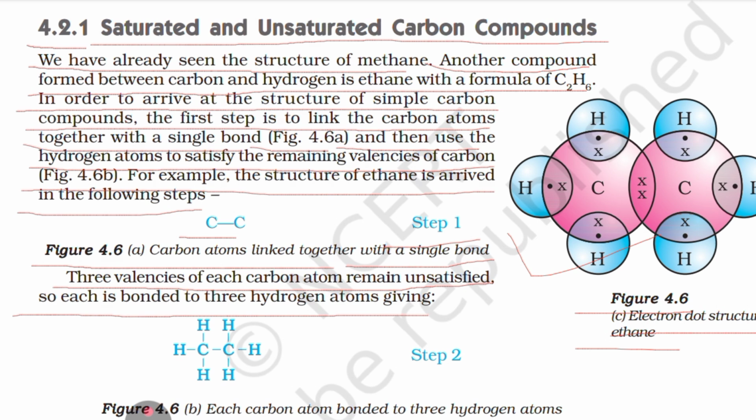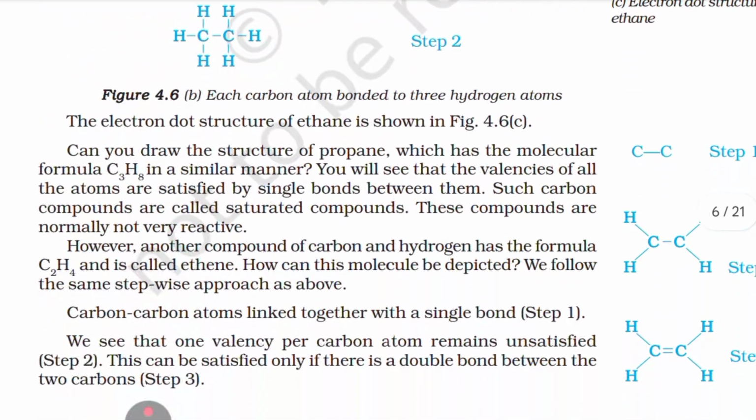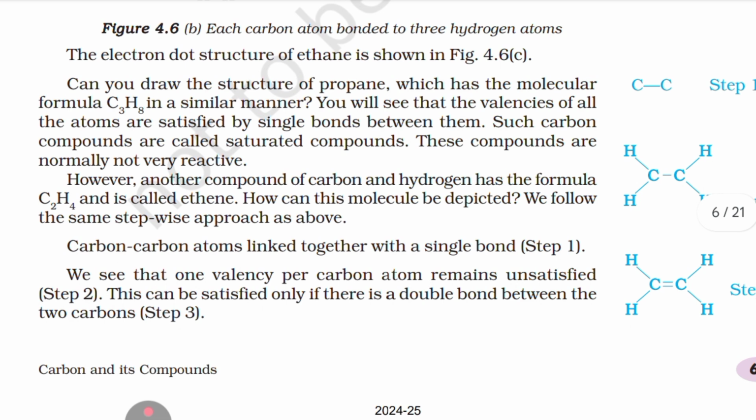Step 2, figure 4.6b: each carbon atom is bonded to three hydrogen atoms. The electron dot structure of ethane is shown in figure 4.6c.